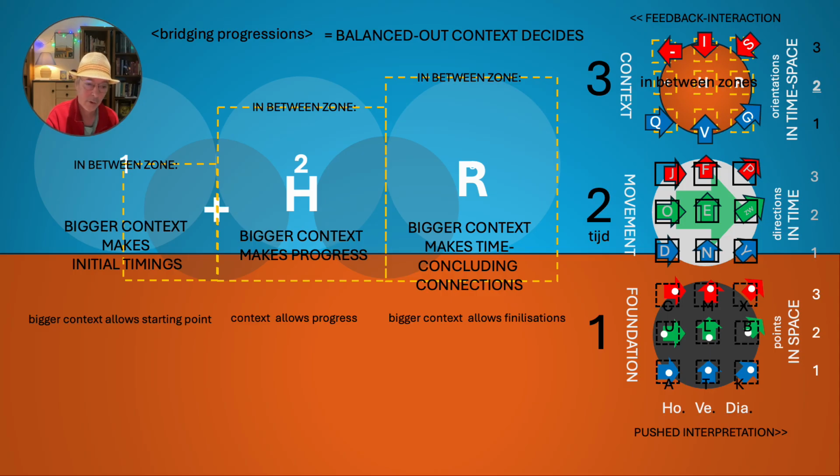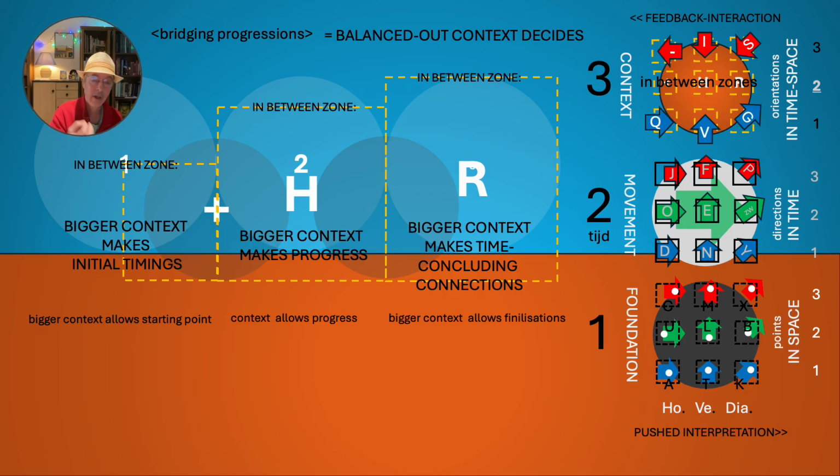That's also why it is about the positive, because it cannot be something else than positive. But when a timing process is able to start, it also means, yes, we can do something with it. The context demands it. It's good that it's there. So it's positive. The bigger context allows a starting point to be there.